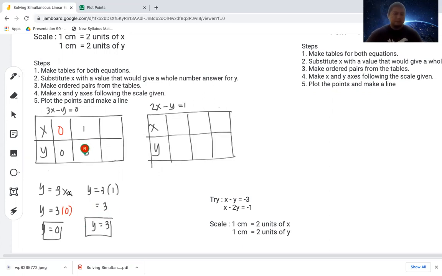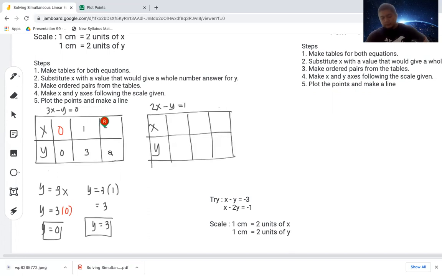Okay. And then you're going to continue. However, you have to pay attention that the bigger the value you put for the x, the bigger the value for the y that you're going to have, which means that it would be harder for you to graph it, or it will take much of your time just to put in these points. So what I'm going to do here is make it a bit smaller.